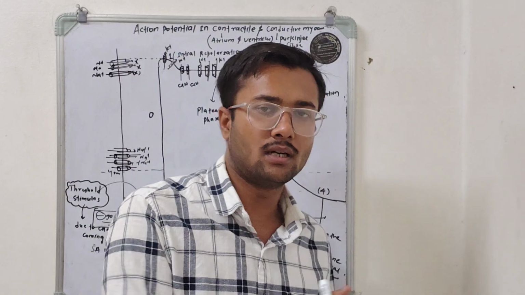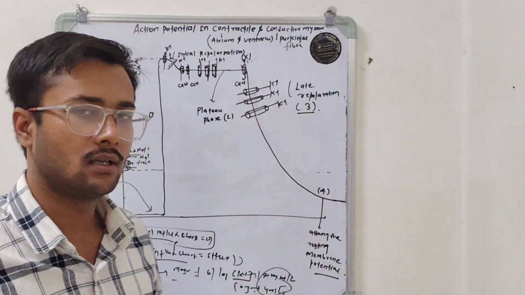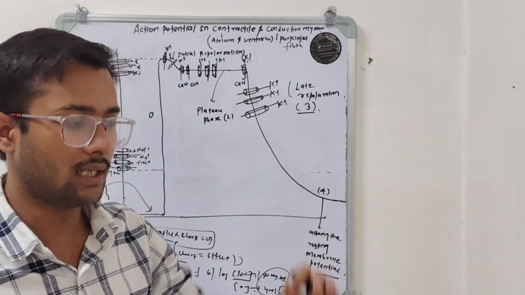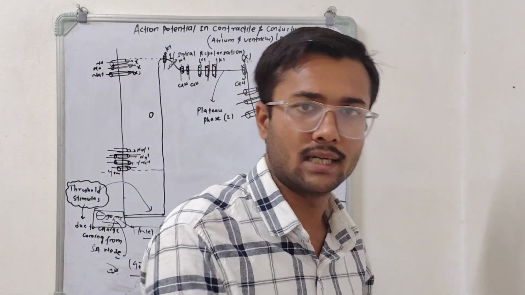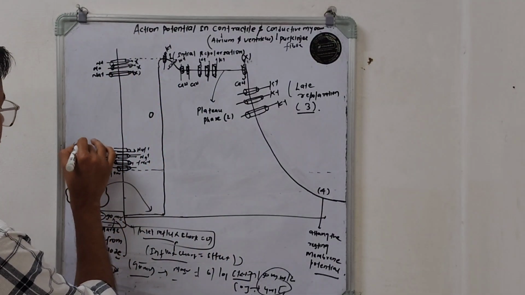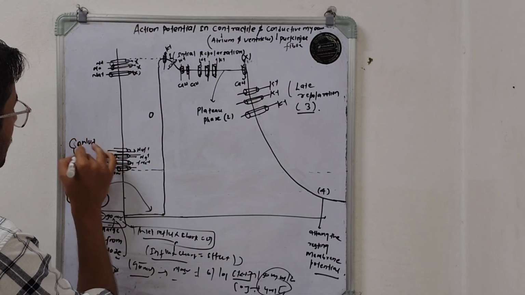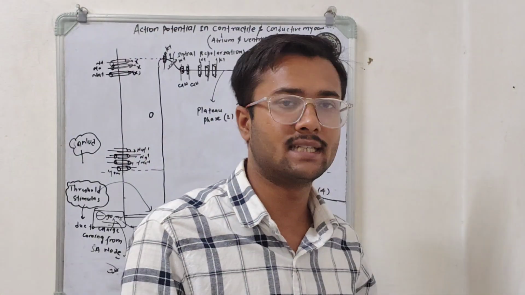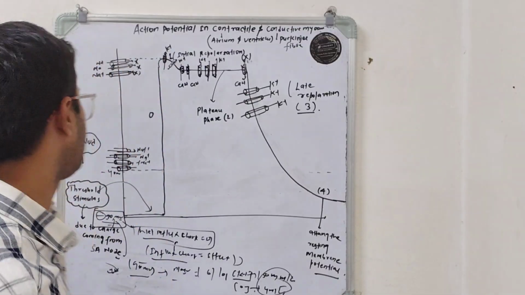But as the signals, the movement of charge generated in the SA node, enter into the myocardial tissue. The SA node has the property of autorhythmicity. It has a self potential generating property.